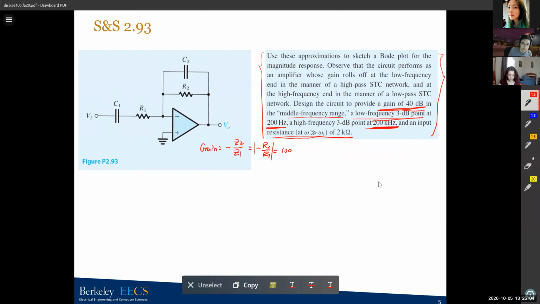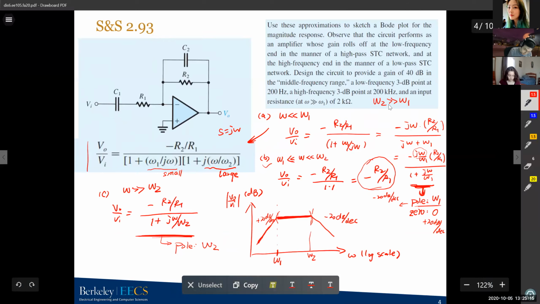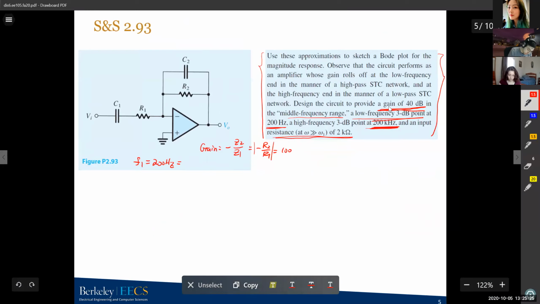The second requirement is F1 equals 200 hertz, and F1 is the lower frequency 3 dB point. Let's come back to there. Our assumption is omega 2 greater than omega 1, which means the lower frequency 3 dB point will be omega 1. So F1 equals omega 1 divided by 2 pi, and our omega 1 is 1 over R1 C1.